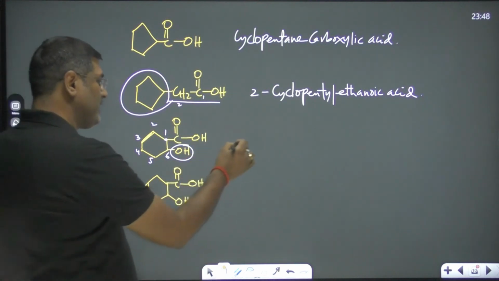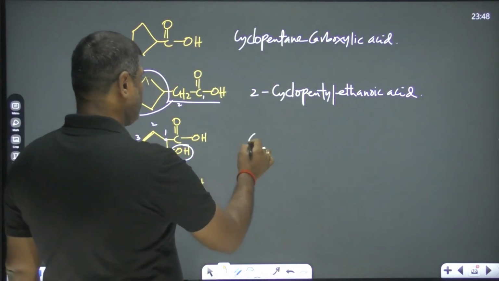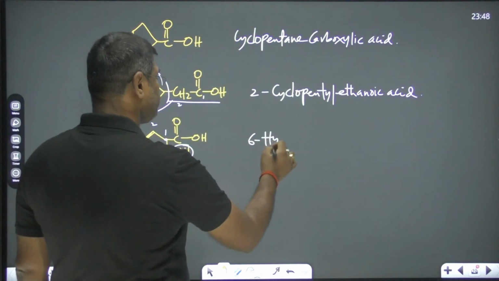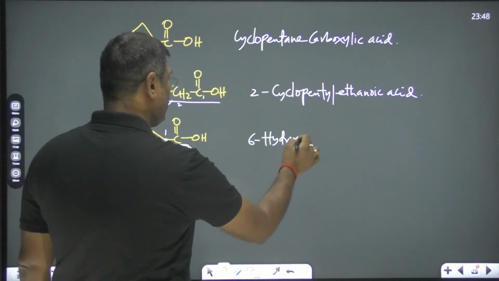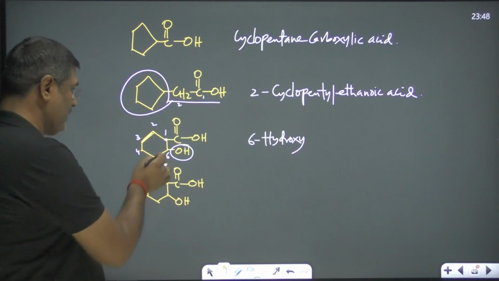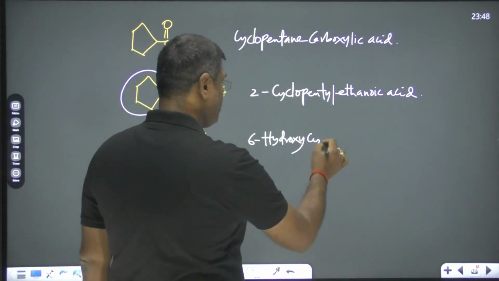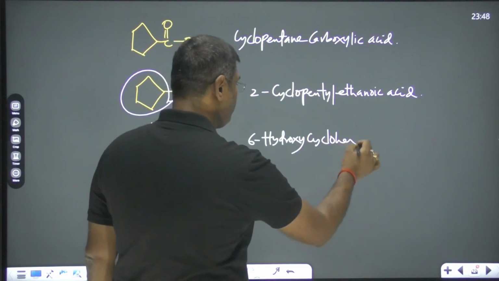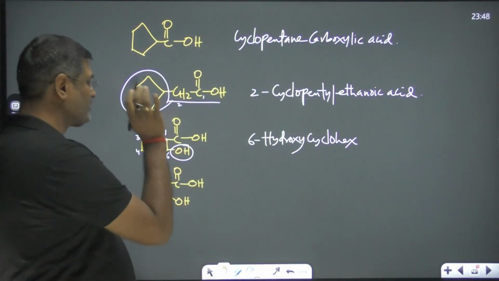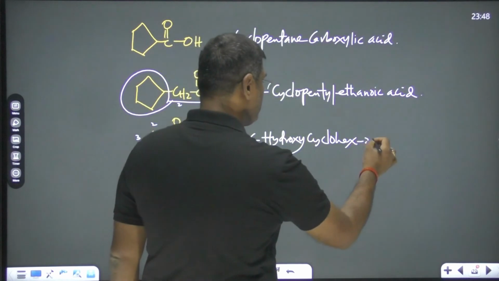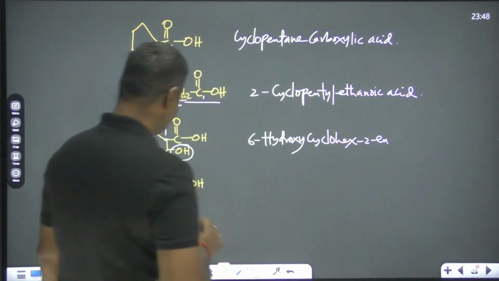And so we write very clearly: 6-hydroxy cyclohexane, the double bond is on the second position, so 2-ene.